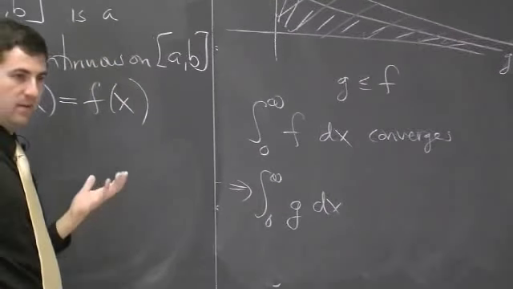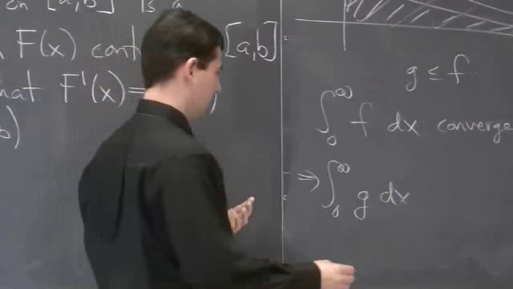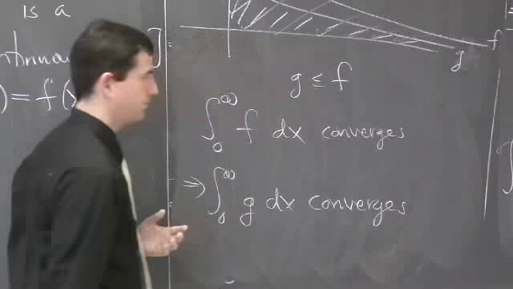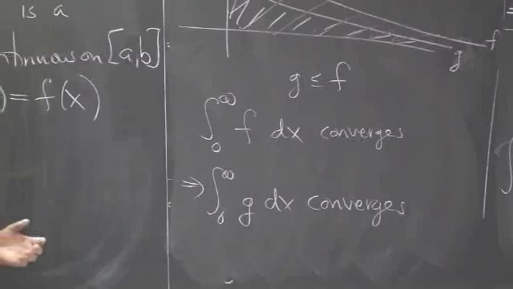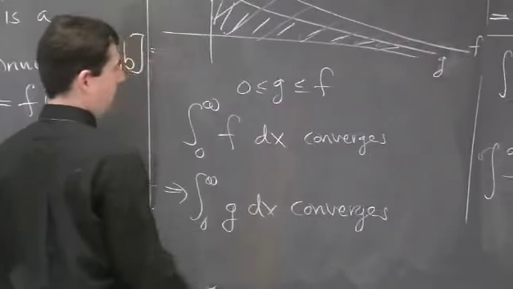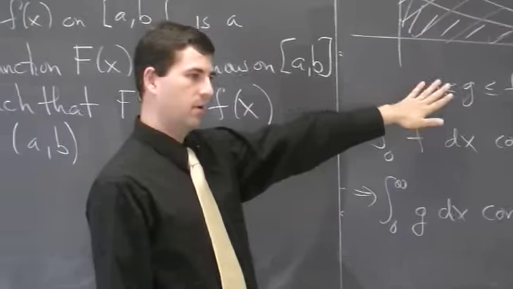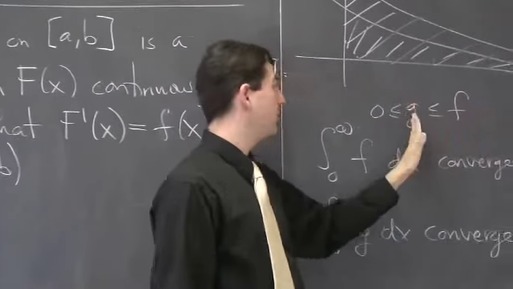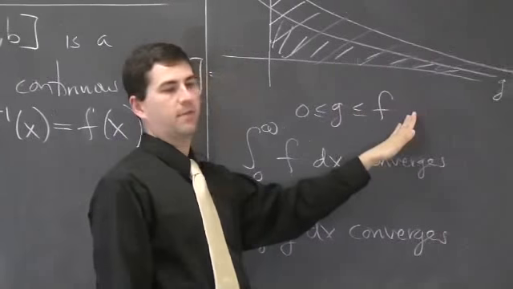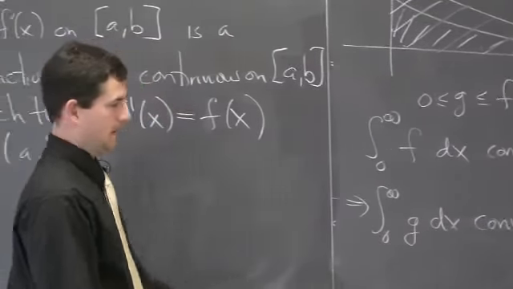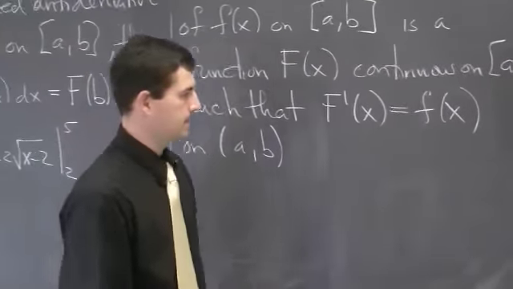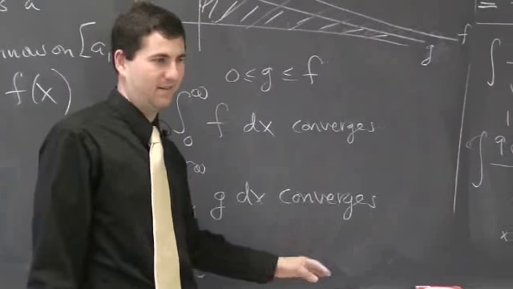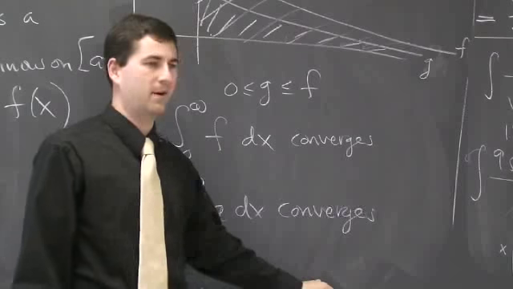This is reasonably clear, I think. We're talking about area, we're talking about positive functions, where we know that one of them is always less than or equal to the other. So for every value, g of x is less than or equal to f of x. That's it. That's the first half of the comparison test.